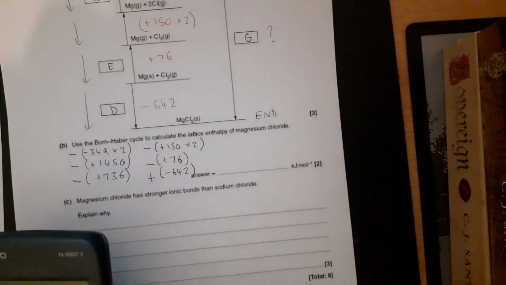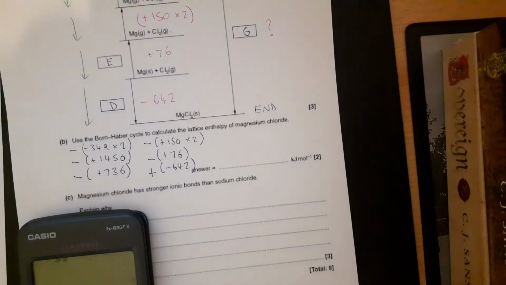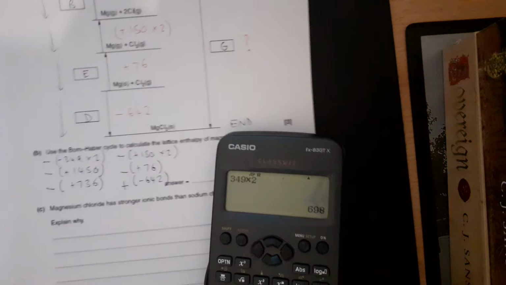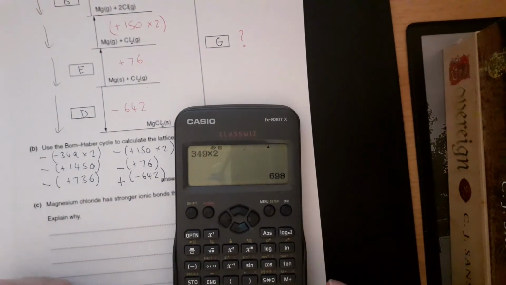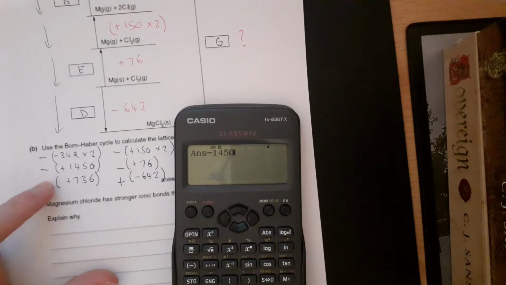So now we need to calculate this. So we're doing minus 349, so that's just 349 times 2. So you can see what I'm doing here. Then we've got minus 1450. We want to then minus 736.